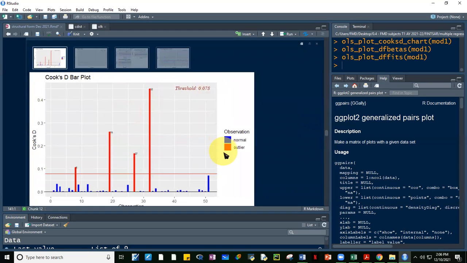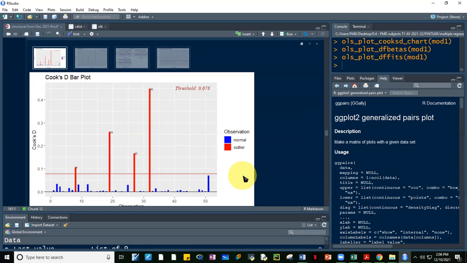Para maging normal siya, dapat less than 0.078. Pag red here, since the Cook's distance nila are greater than 0.078, so these are outliers, no? Pero guys, iba yung outliers, ha? So sinasabi lang natin na outliers sila, but we will have to test further kung influential points sila.